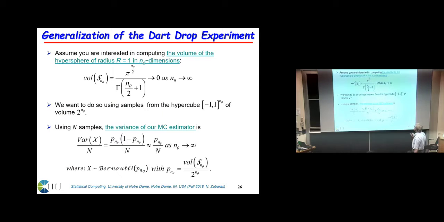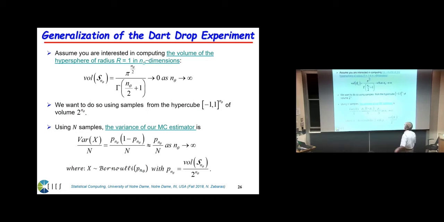So if we take the hypercube to be from -1 to 1 in n theta dimensions, the volume of the hypercube is 2 to the power n theta, okay?